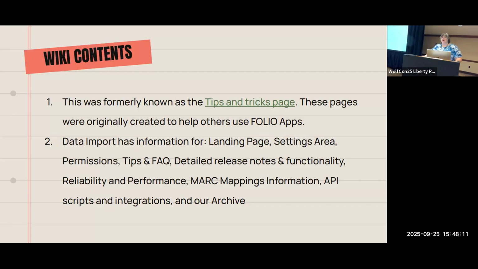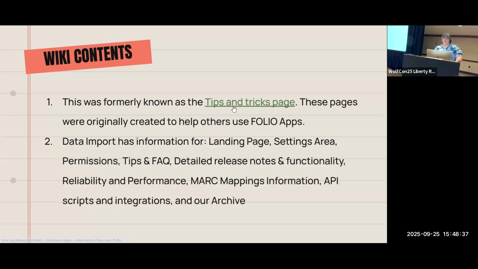So we really didn't have a spot to document how to put something on order or how to place a request, things of this nature, and of course it's data import. So, how to create a job profile.